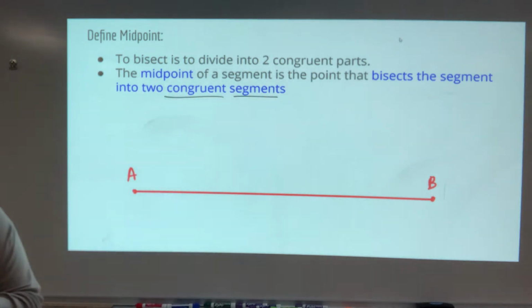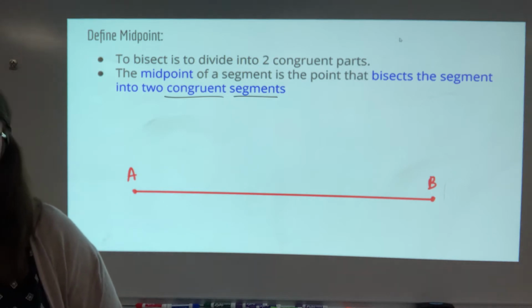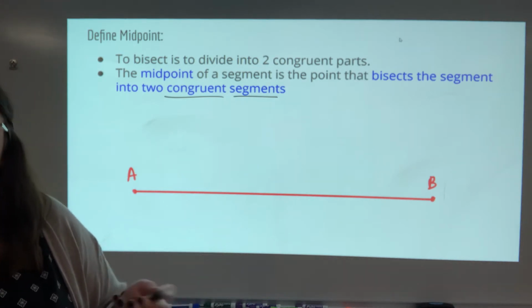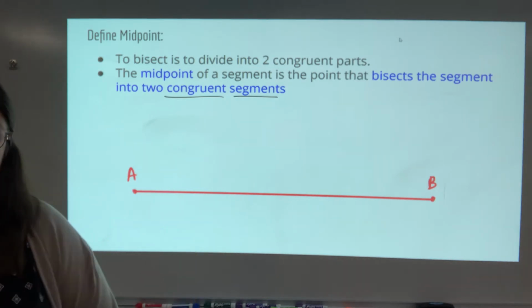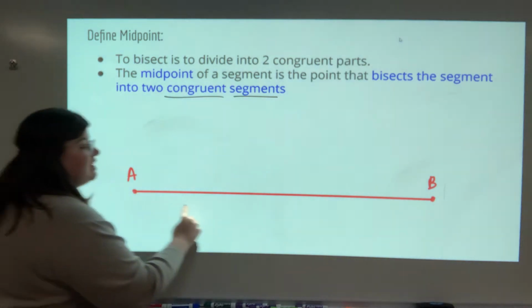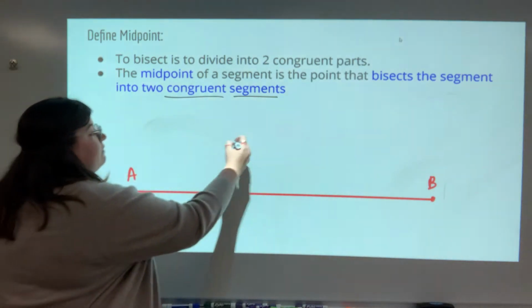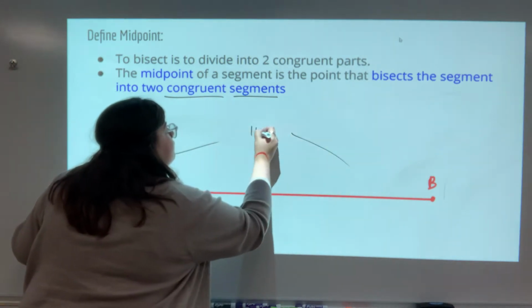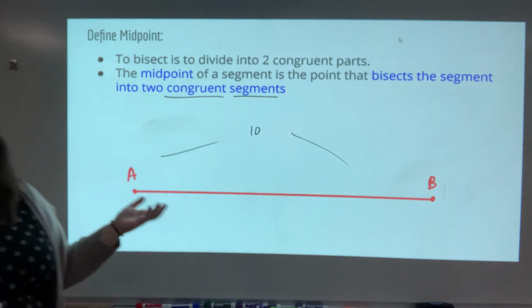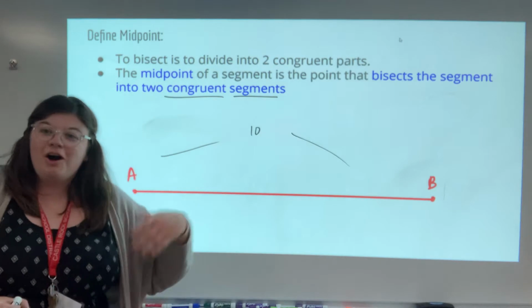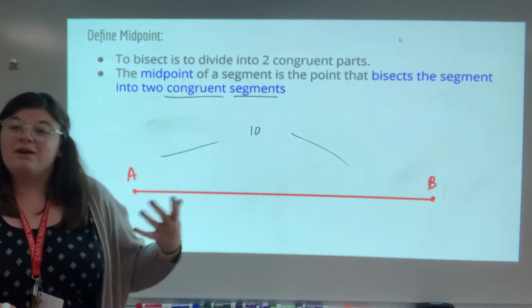Again, I'm seeing those keywords of congruent segments, right? So if two segments are congruent, then they have to be equal in length. Let's say that you have this entire thing has a length of 10. I mean, this is kind of common and obvious, common knowledge, right? But I just want to go over it.